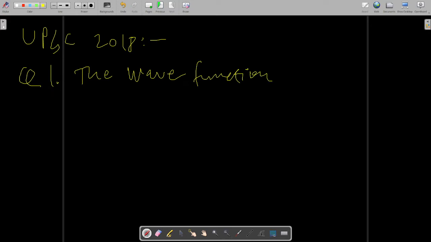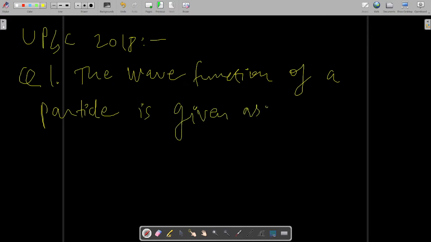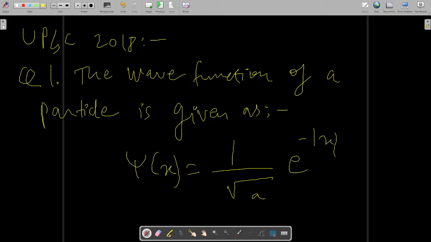The question number 1 states like this: the wave function of a particle is given as psi of x equal to 1 upon square root of a, e to the power minus mod x divided by a. So this is the wave function of a particle which is given.